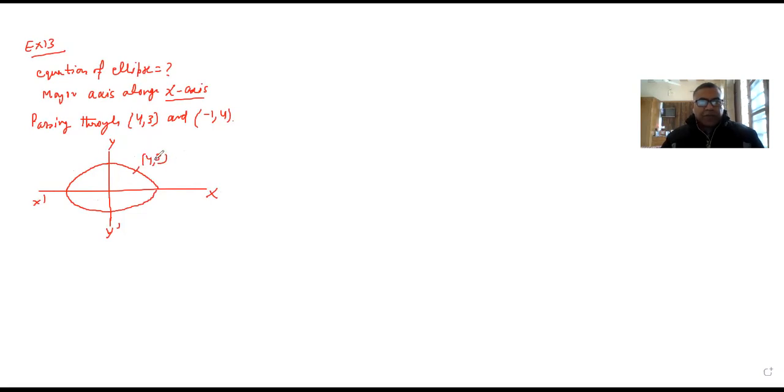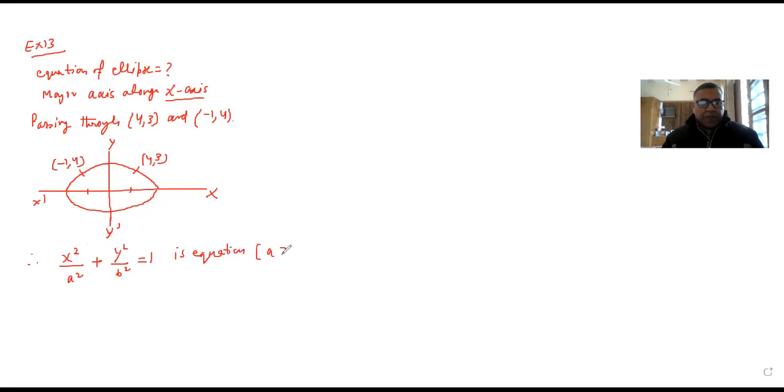It passes through (-1, 4), let the point be (-1, 4). And the foci are on the major axis. So therefore the equation is x square upon a square plus y square upon b square is equal to 1.